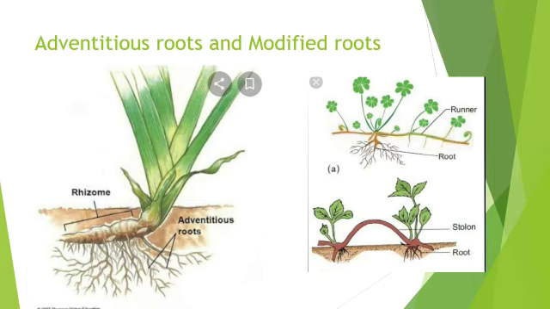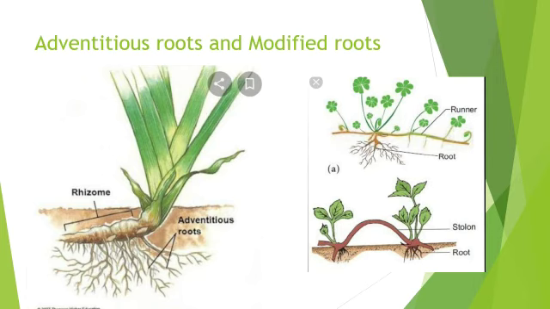Some roots are underground, whereas some grow from the stem just above the soil. This type of roots are called adventitious roots.